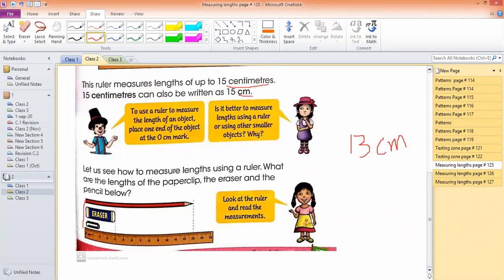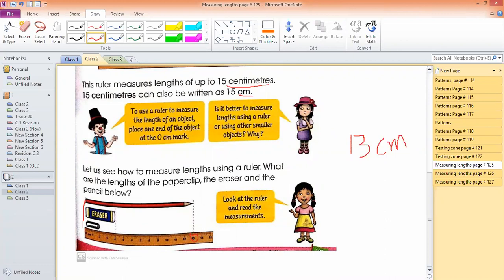I will take my ruler and put one end of the pencil up to 0 and check up to which number the other end is reaching. So when I put one end of this pencil up to 0, I check the other end. It is reaching up to 13. So I will say that this pencil is 13 centimeter long.